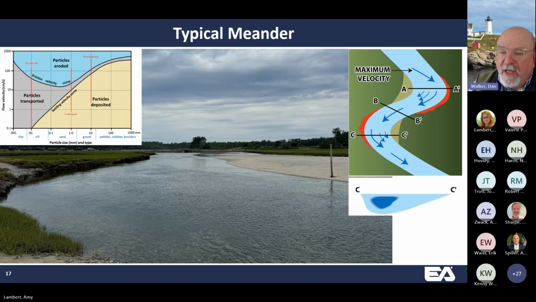So as a consequence, the velocity is highest in that outer bend, and that has a significant implication for the distribution of sediment. Because the velocity is higher in the outer part of the bend, it tends to erode. That's why the bends get longer and thinner through time. The inner part of the bend is where the velocity is lower, so that's where coarser grained material tends to get deposited.